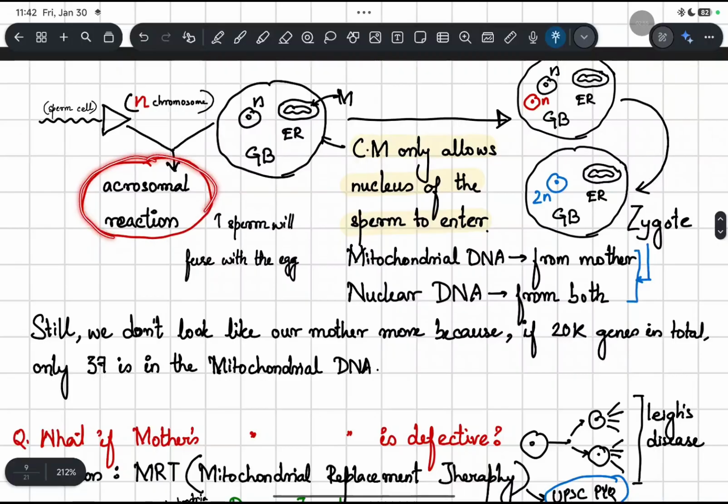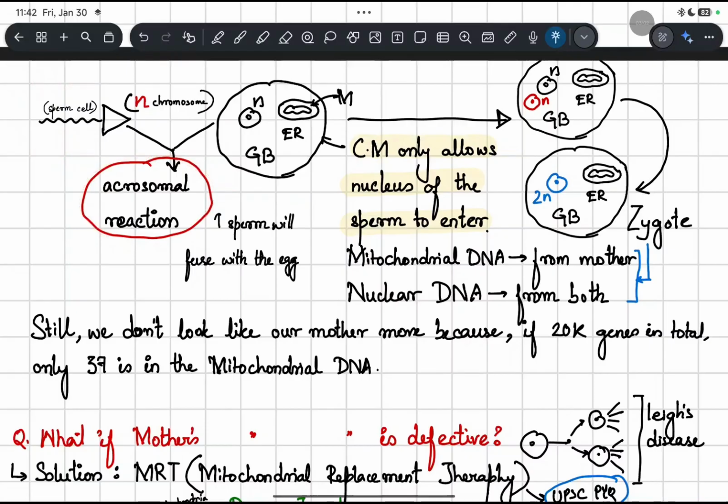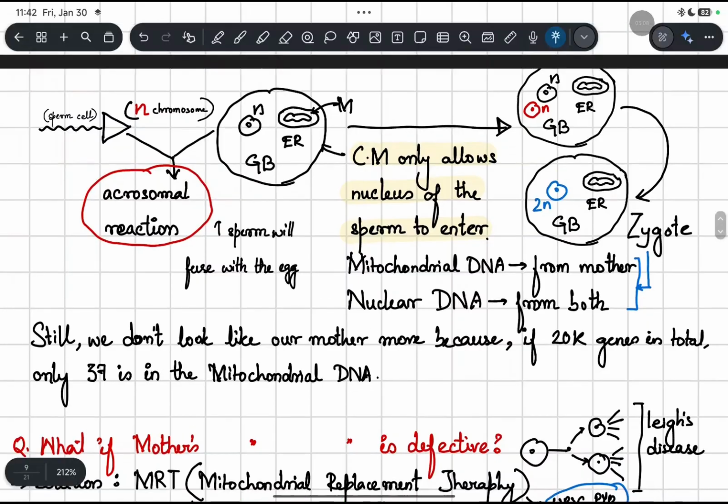Many sperm come, and only one is allowed to enter, and the reaction that facilitates that fusion is called the acrosomal reaction. And one thing we must understand is that the cell membrane does not allow the entire sperm to enter the egg, right?